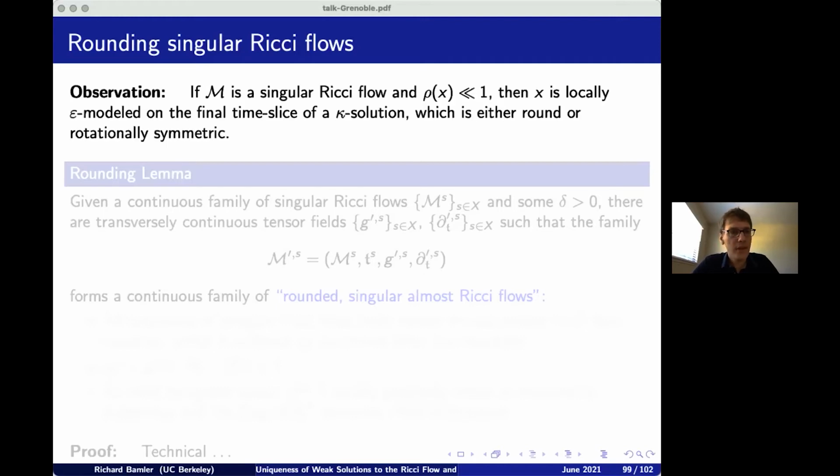So here's my observation. As we discussed several times, if we have a singular Ricci flow and we look at a point x whose curvature scale is very small, i.e. whose curvature is very large, then x is locally epsilon-modeled on the final time slice of a kappa solution. Okay? And any kappa solution, which we know now, is either round or rotationally symmetric.